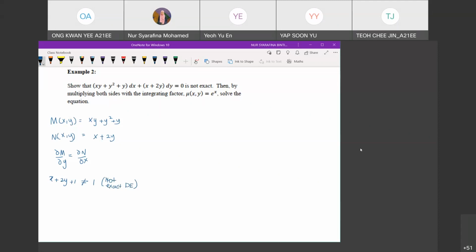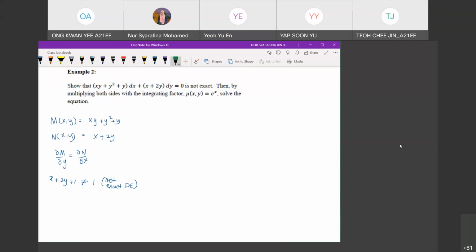Okay, from the note, it is mentioned that if we use an integrating factor, this non-exact equation can be turned into exact by multiplying with an integrating factor. Now it is mentioned here, by multiplying both sides with the integrating factor e to the power of x, solve the equation.